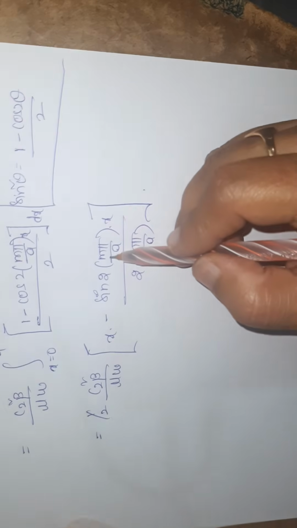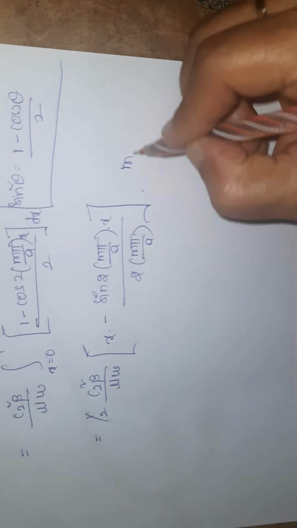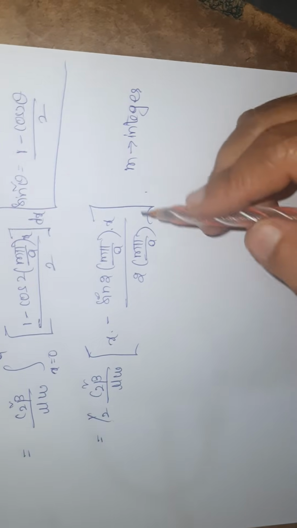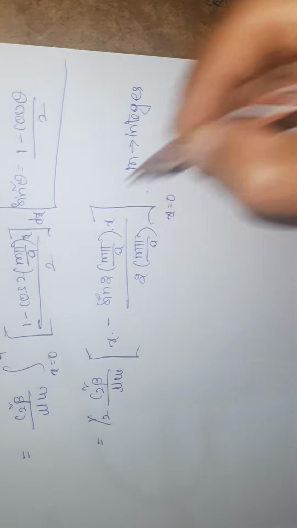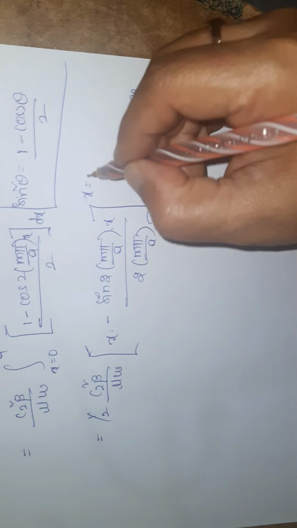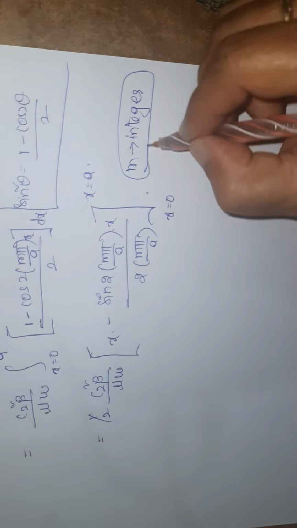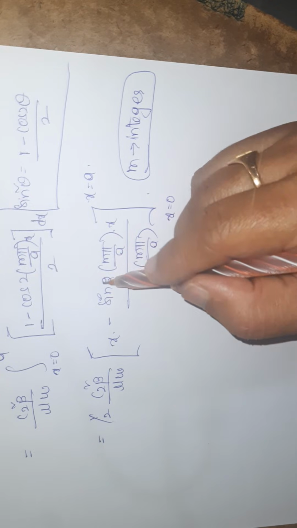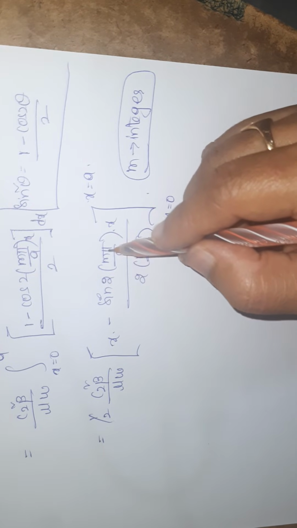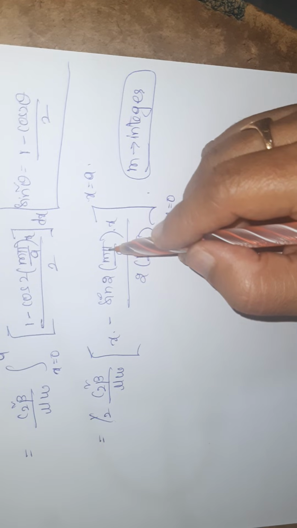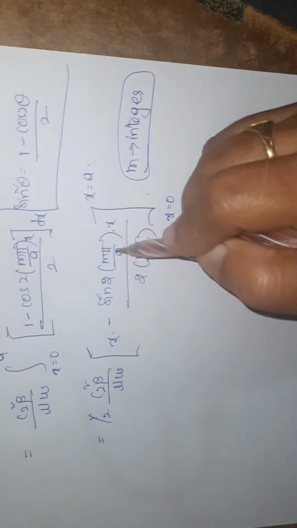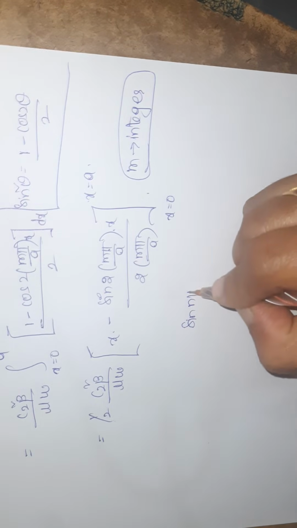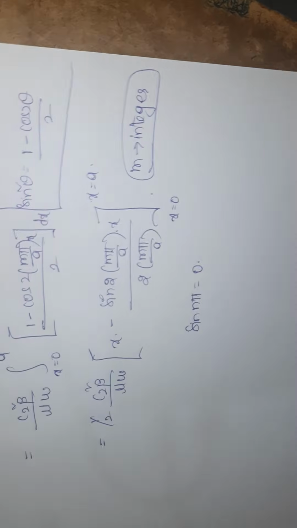Okay, so here m is an integer. If I do the integration from x is equal to 0 to x is equal to a, as m is an integer, and here I am having 2 into m, so an even number, I'll get this value as 0, sine n pi is always 0.